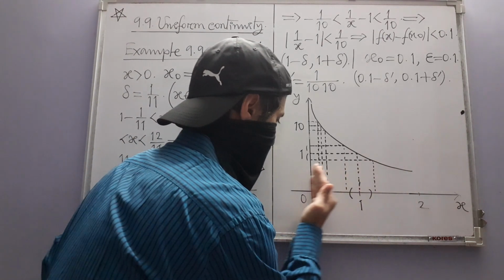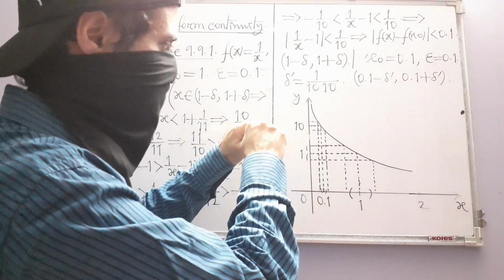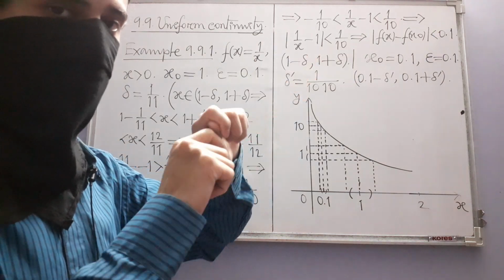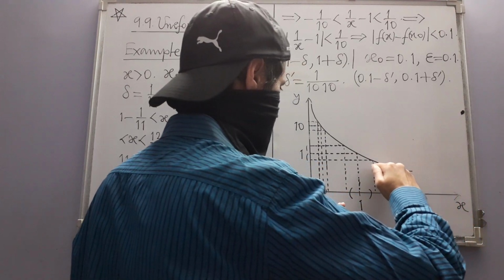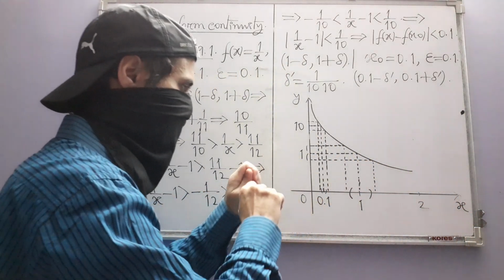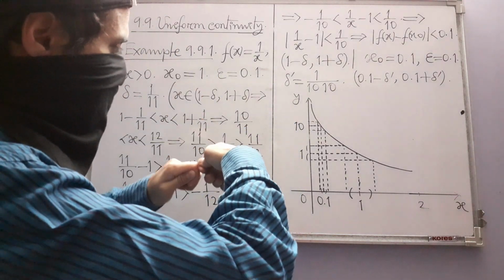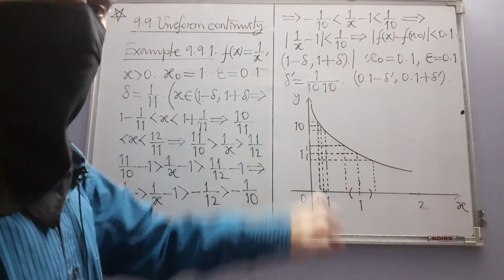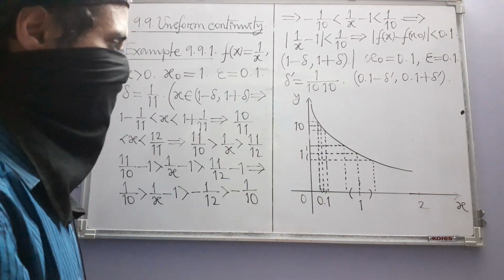As we are going near the origin, it's as if the graph is trying to break apart, break into two pieces. Here the increase is not that much, but as we are going near the origin, the increase is abrupt. It's as if one part of the graph is left behind and the other part goes up so sharply that it tries to break the graph. That's why continuity is getting worse and worse.